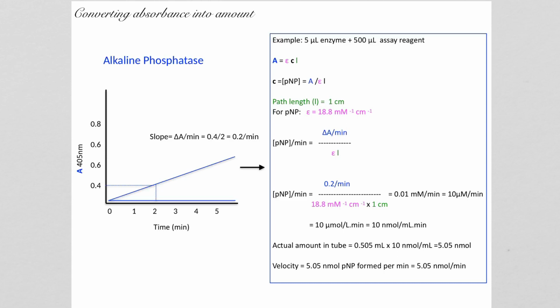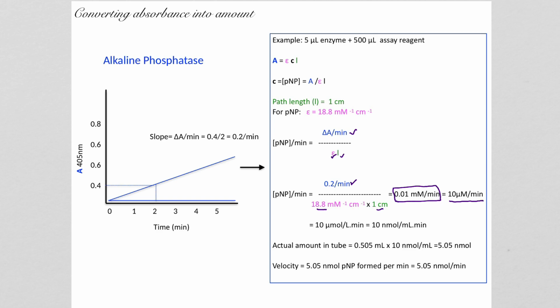So if we plug in these numbers, delta A per minute is 0.2 per minute, the molar extinction coefficient is 18.8, and the path length is 1 centimeter, we will get, in this case, a PNP formed per minute of 0.01 millimolar per minute, which is equal to 10 micromolar per minute.